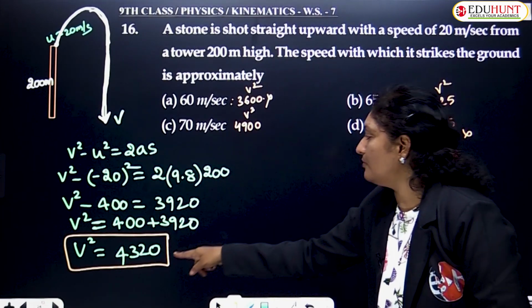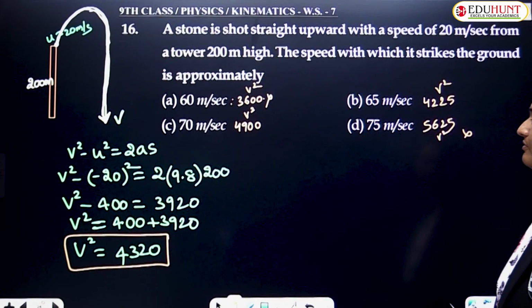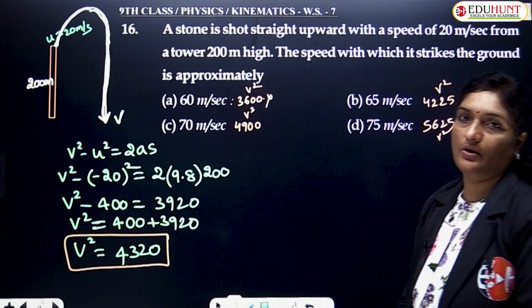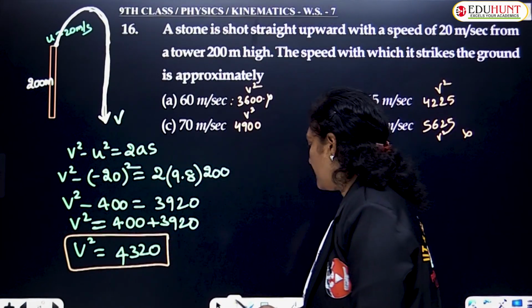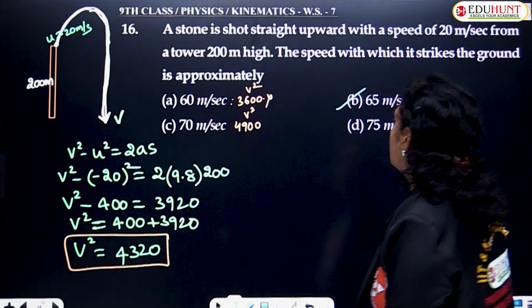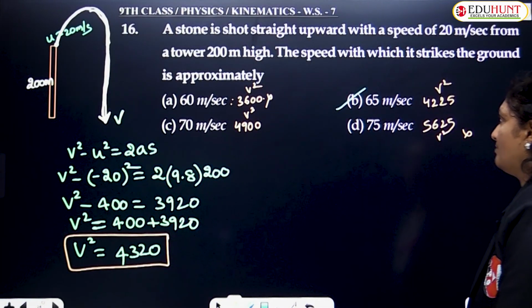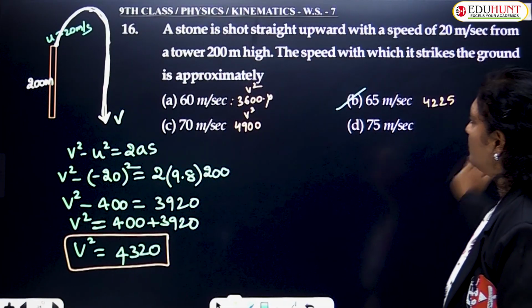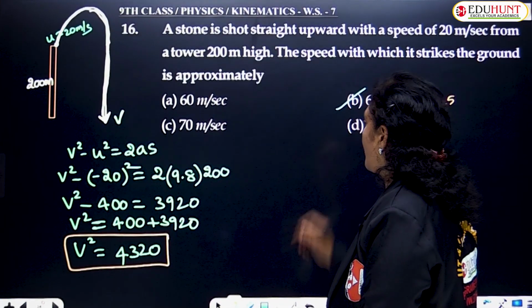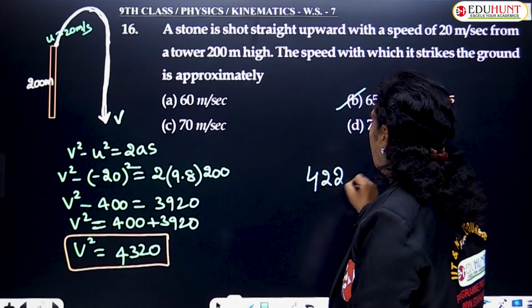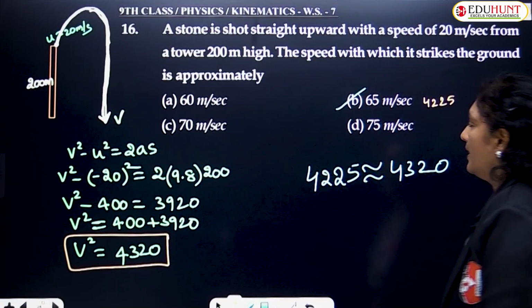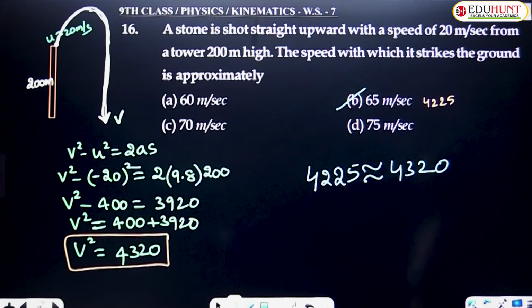The difference between 4320 and 4225 is less when compared to the difference between 4320 and 4900. So hence the correct option must be option number 2, that is 65, because if you square 65 you get 4225, which is approximately equal to 4320. Hence we take option B as correct.